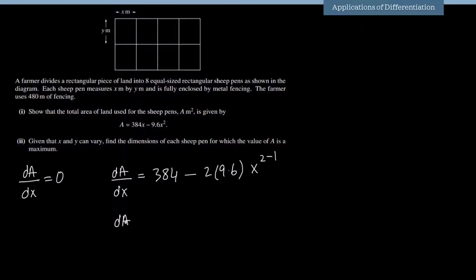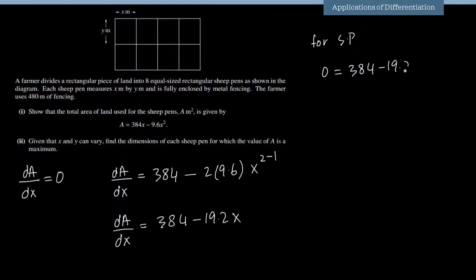So dA upon dx is equal to 384 minus 19.2x. For a stationary point, dA upon dx is going to be 0. So 0 is equal to 384 minus 19.2x. Solving this equation for x would give me x is equal to 384 divided by 19.2, which is equal to 20. So the value of x is 20.